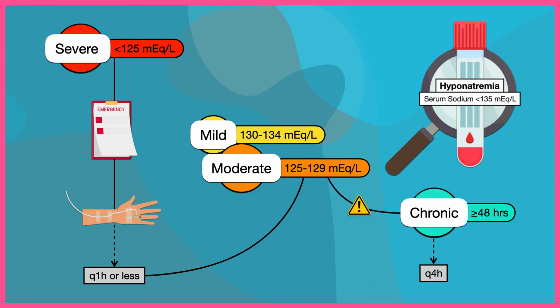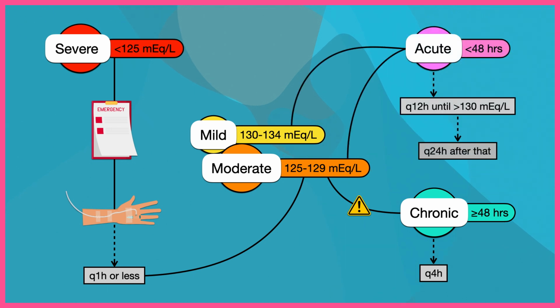With chronic hyponatremia, where special attention must be paid to the sodium correction rate, switching to approximately every 4 hours can be helpful to avoid exceeding the recommended targets for the 24-hour and 48-hour timeframes. With acute hyponatremia and less severe cases, where the risk of complications from rapid correction is low, the frequency can be every 12 hours until it's above 130 milliequivalents per liter, and then every 24 hours after that.